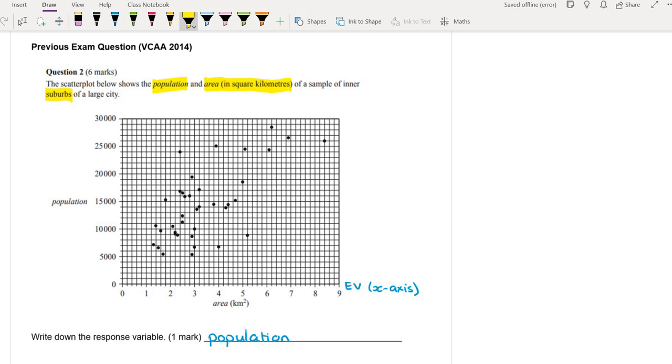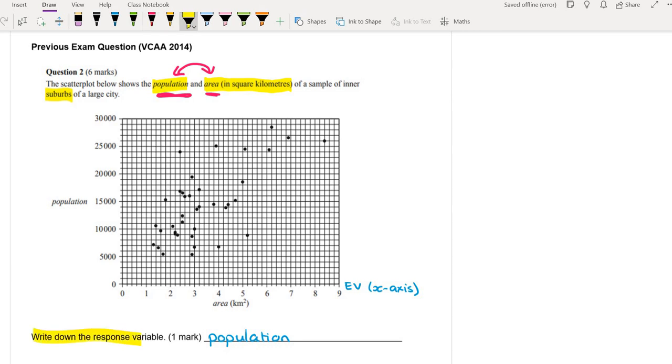Now, this one's a little bit tricky, at least in my brain, I don't know about you, in that it could really be either way. Well, if you have a big area, you're more likely to have more people. However, in reality, you can have a lot of people in a small area as well. So it's really hard to determine which one's the EV and which is the RV.